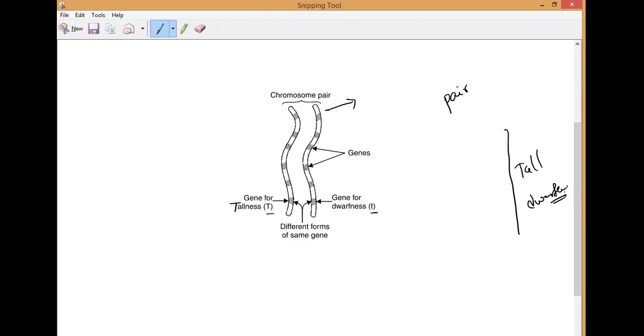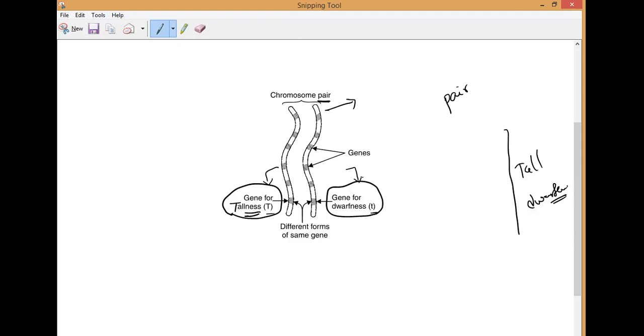Now you notice, one gene of the pair is responsible for whom, guys? It is responsible for tallness. And the other gene of the pair is responsible for what? In this pair only, one is responsible for tallness and the other one is responsible for dwarfness.